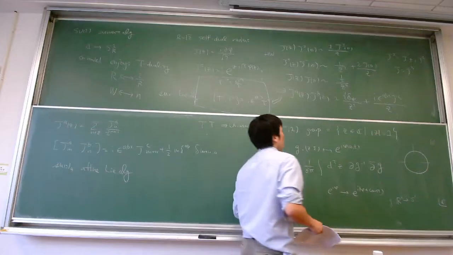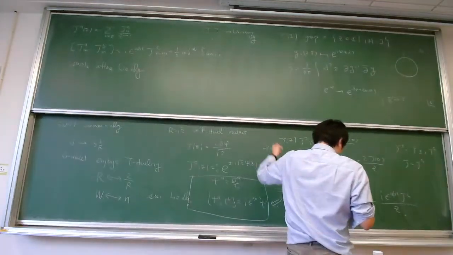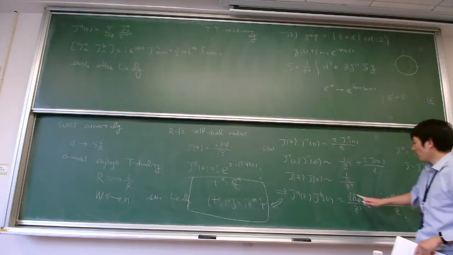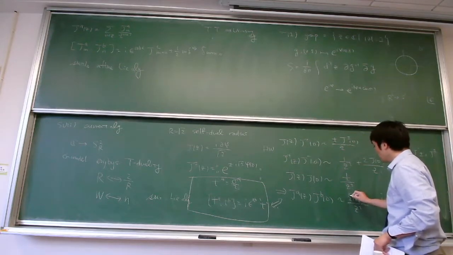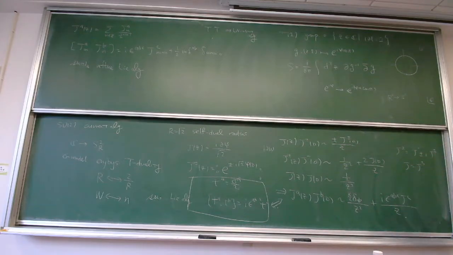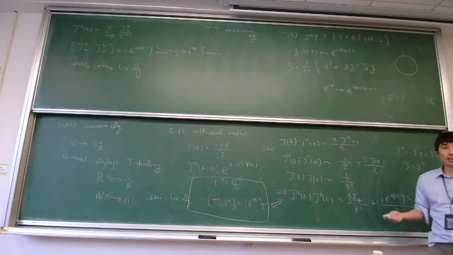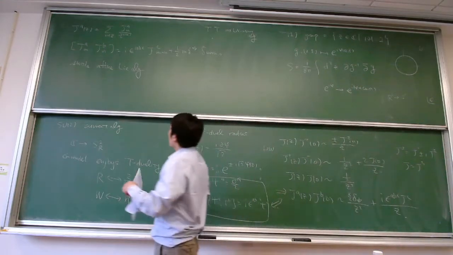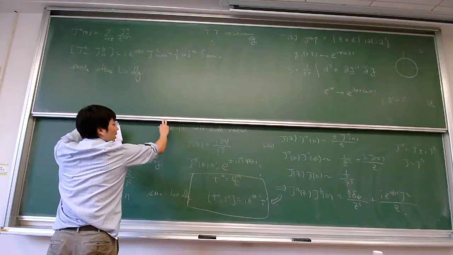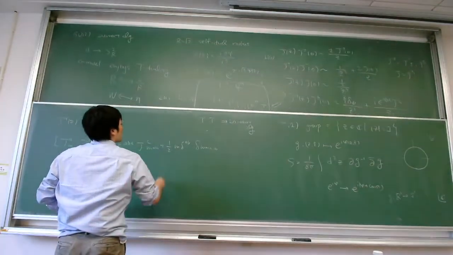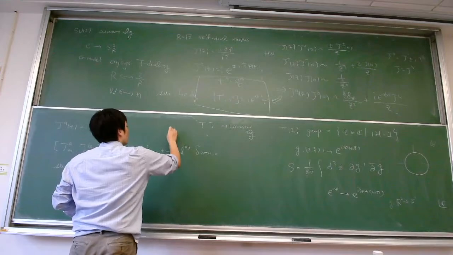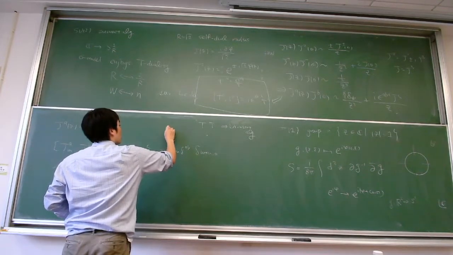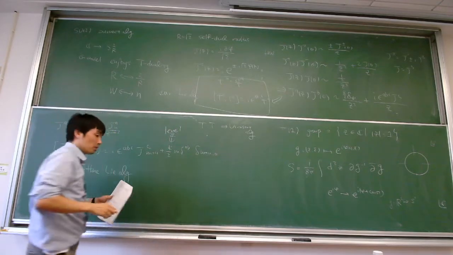More generally, you can have the integer level k here. It's related to the action of the Wess-Zumino-Witten model. If you change to k, this guy is called the level.